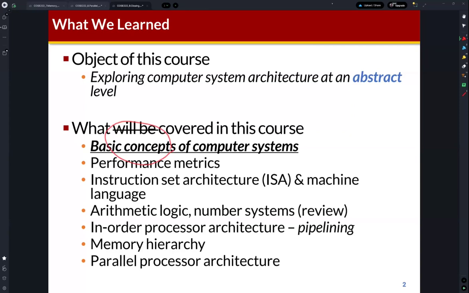So, as I mentioned, modern computer systems are very complex. But in this course, we learned about the basic concept of computer systems.